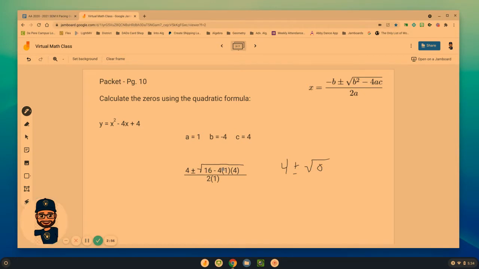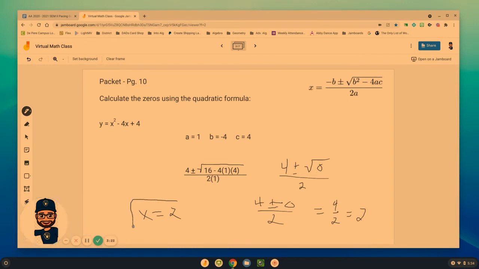Because 16 minus 16 is 0, all over 2, which means we get 4 plus or minus 0 all over 2. So we don't really have to do it twice, because 4 plus 0 is 4, 4 minus 0 is 4, and 4 over 2 gives us the answer of 2. So x would equal 2.